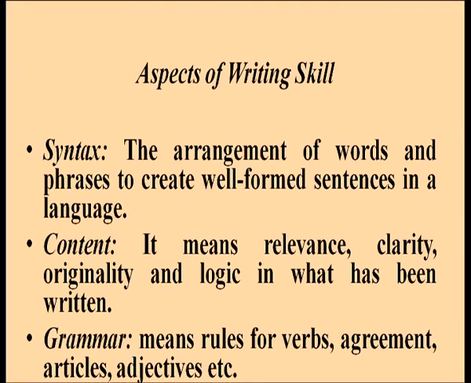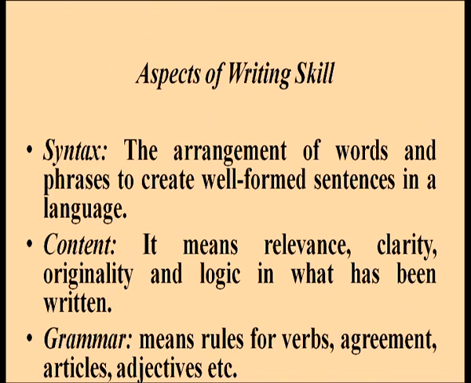Now, we will discuss the different aspects of writing skills. First one is syntax. Syntax means the arrangement of words and phrases to create well-formed sentences in a language. Second one is content. It means relevance, clarity, originality and logic in what has been written.